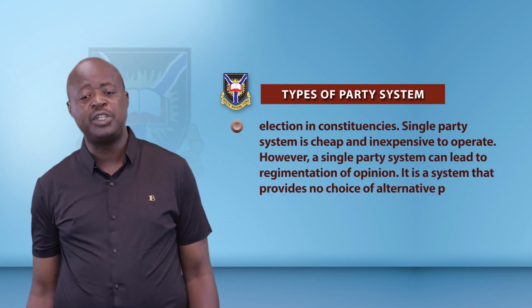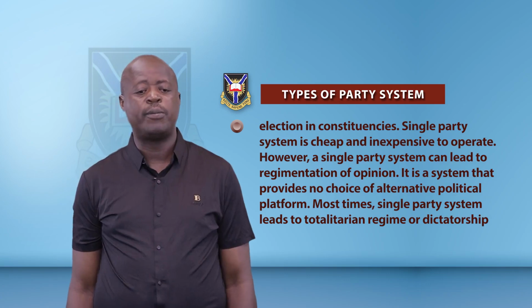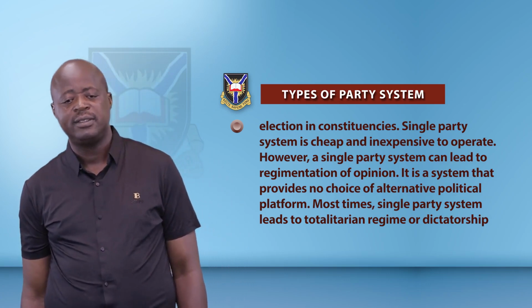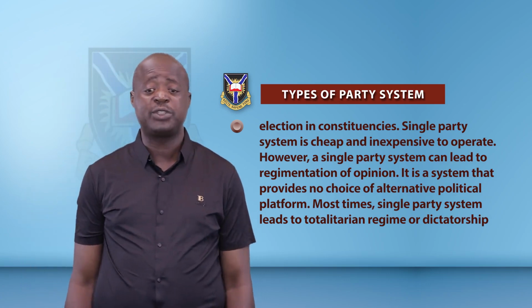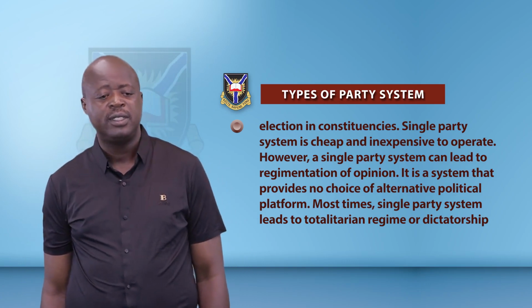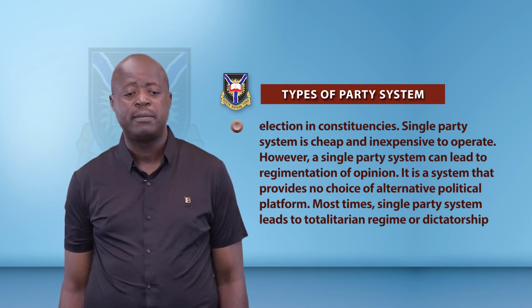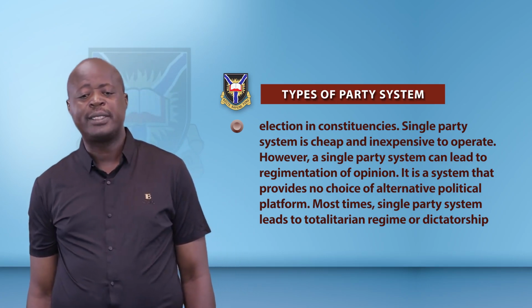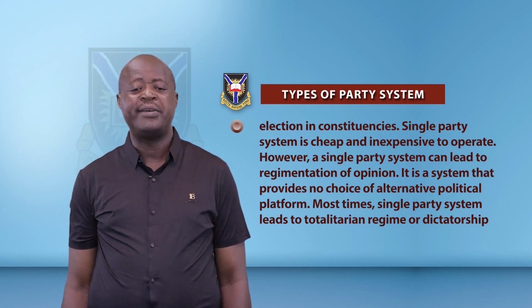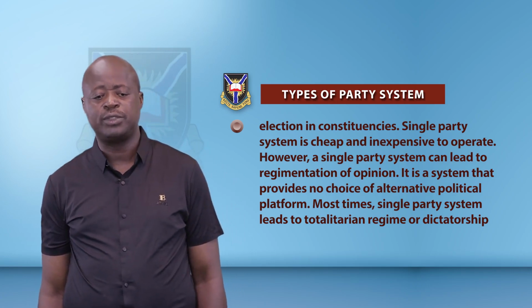Single party system is cheap and inexpensive to operate. However, a single-party system can lead to regimentation of opinion. It's a system that provides no choice of alternative political platform. Most times, single-party systems lead to totalitarian regime or dictatorship.